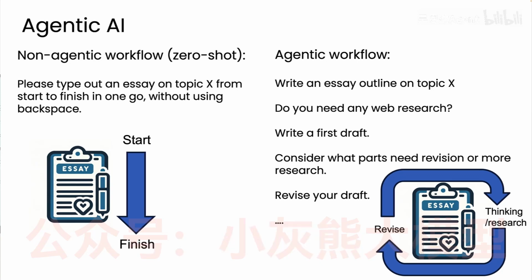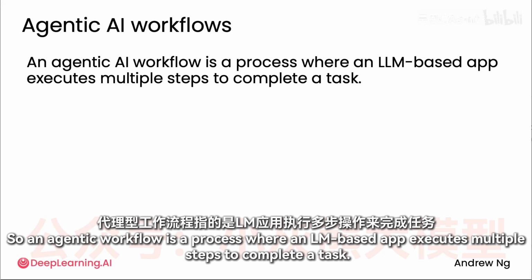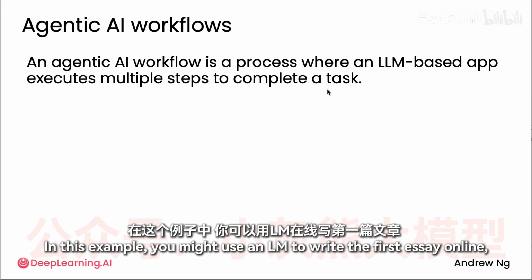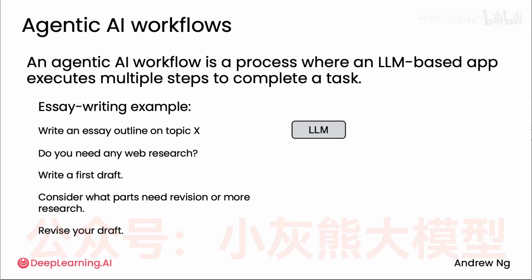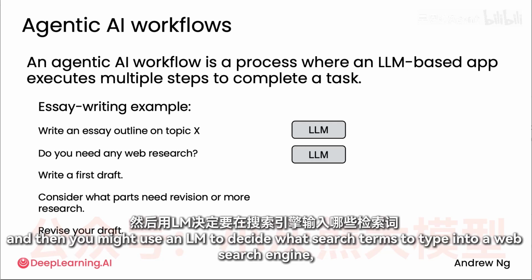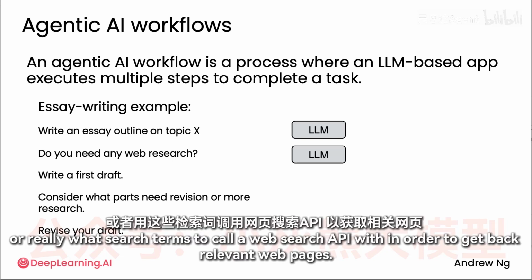So an agentic AI workflow is a process where an LLM-based app executes multiple steps to complete a task. In this example, you might use an LLM to write the first essay outline, and then you might use an LLM to decide what search terms to type into a web search engine, or really what search terms to call a web search API with in order to get back relevant web pages.